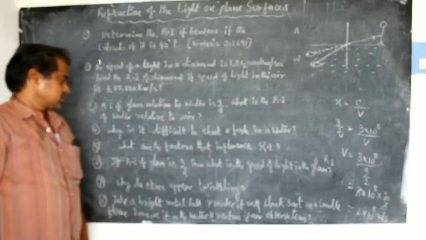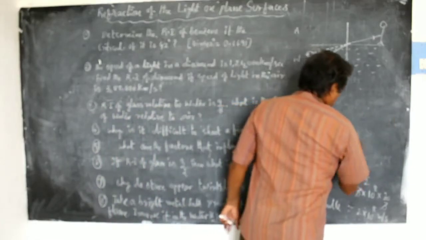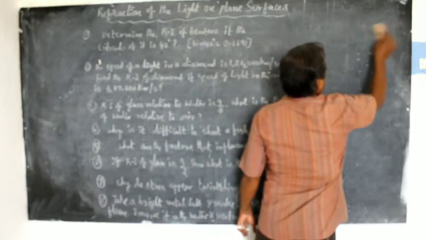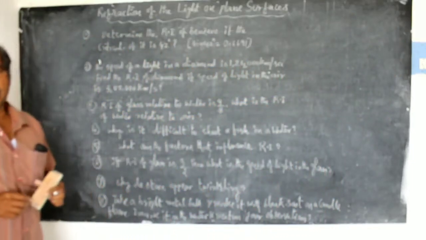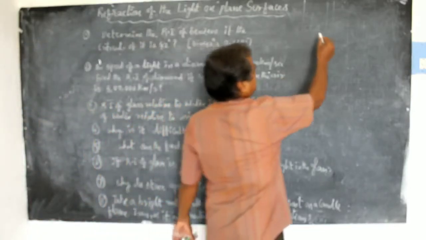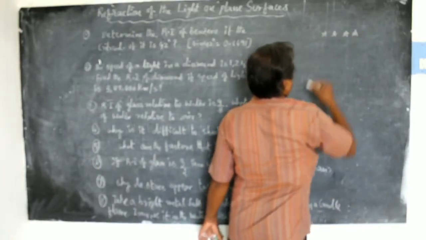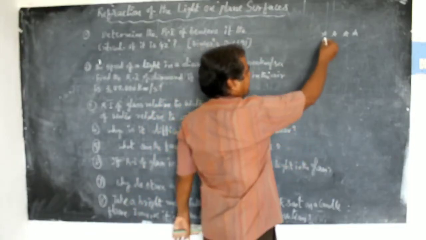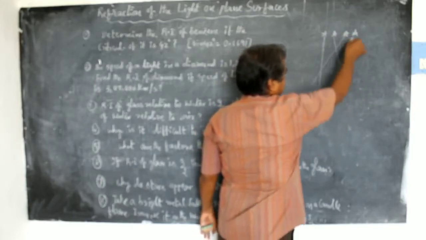Next, why do stars appear twinkling? The stars appear to be twinkling due to multiple refraction of the light. For example, assume the situation: these are the stars which are existing at higher altitudes. The light rays come from the stars in different directions.